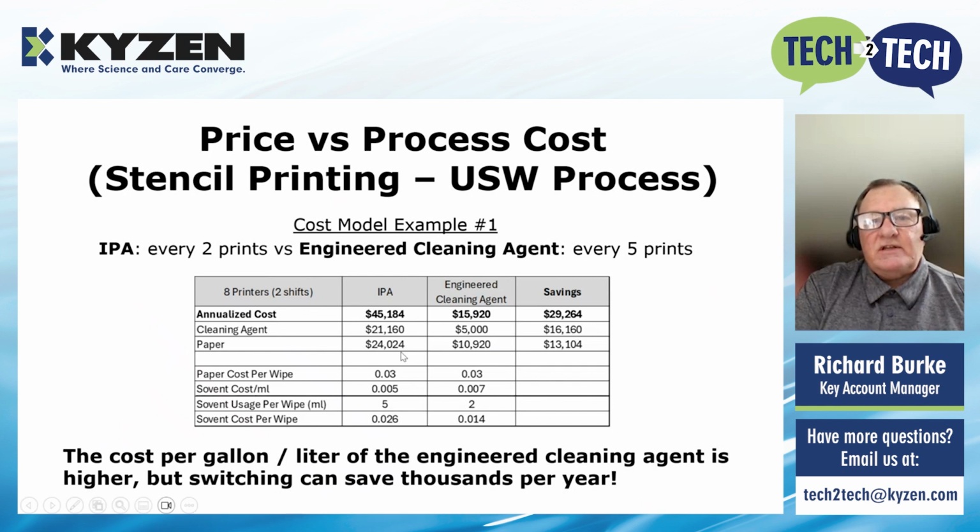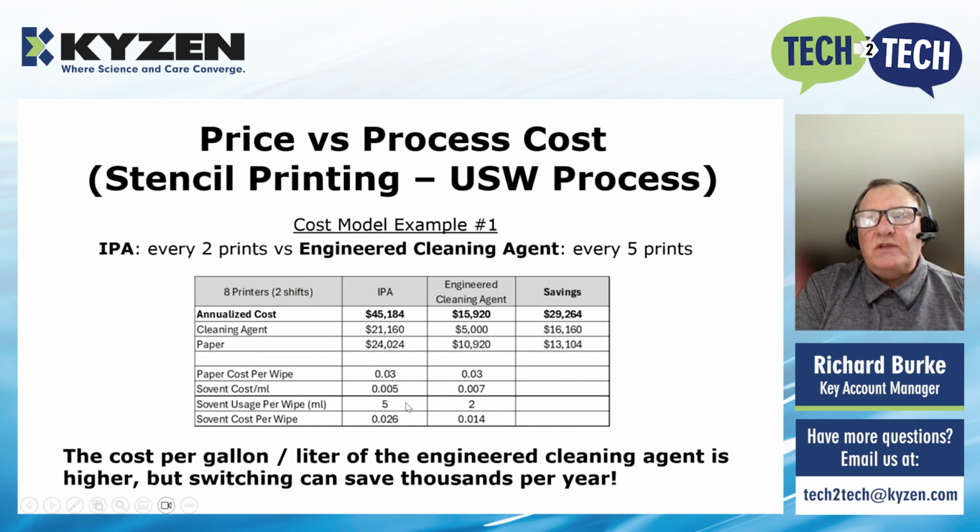Paper consumption on the IPA wet wipe process is $24,000 in this example, as compared to $11,000 using the engineered cleaning agent, so $13,000 of savings. More specifically, the cost per wipe for a printer is the same irrespective of the material. And obviously, the cost per liter of the engineered cleaning agent is higher than that of IPA.